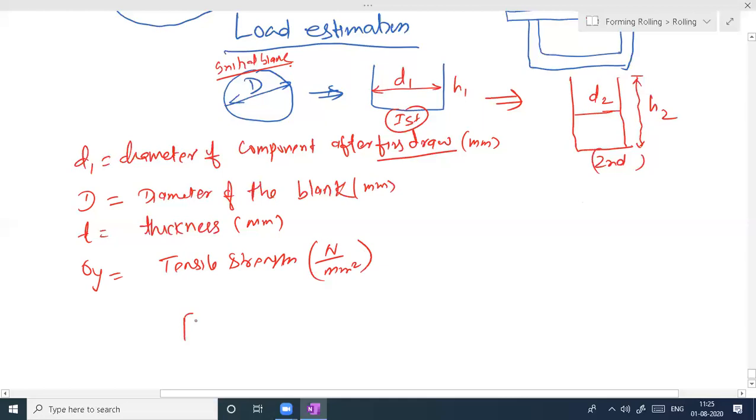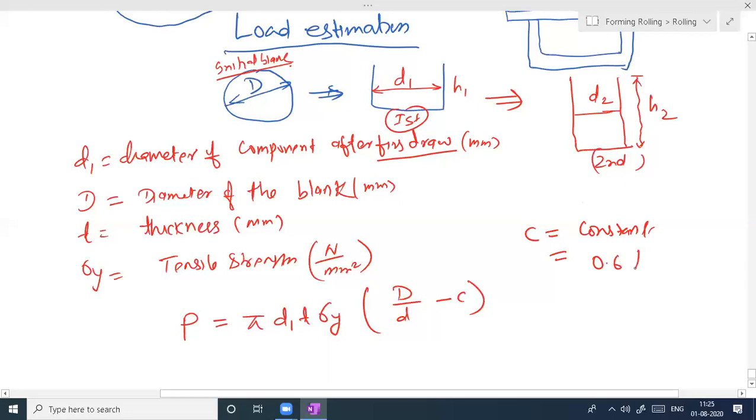Then load P is equal to pi d1 t sigma y, times capital D by d1 minus C, where C is a constant, and that constant value is between 0.6 to 0.7, so you can take 0.65.